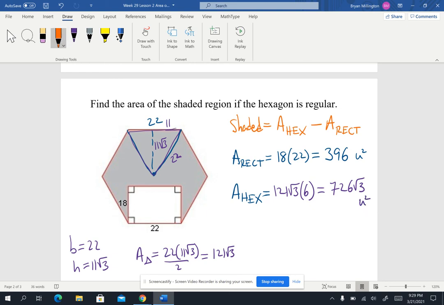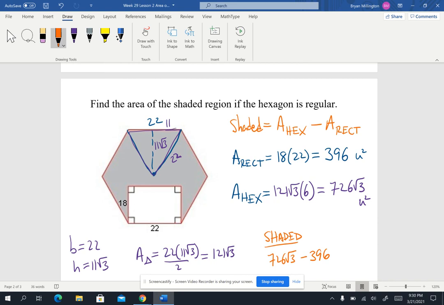So going back to the shaded region, I've got to take that hexagon, 726 root 3, and I'm going to subtract the rectangle, 396. Now you'll notice these are not like terms, right? The hexagon has a root 3 on it. The rectangle does not, so I'm not going to combine those.